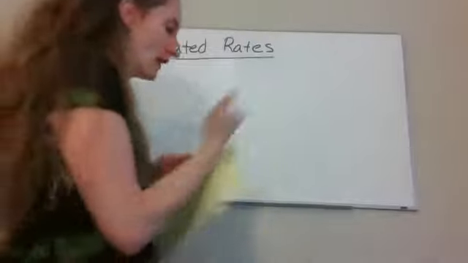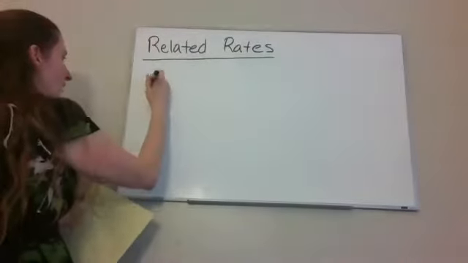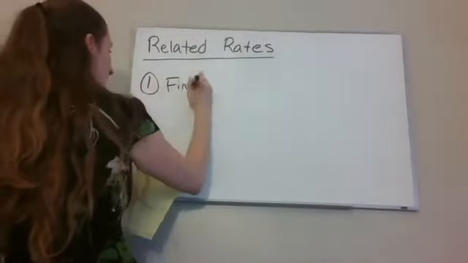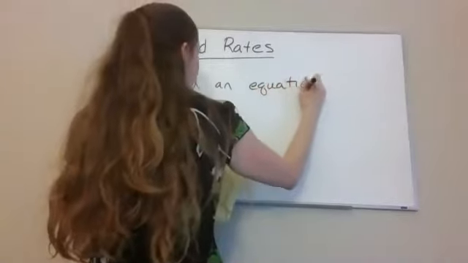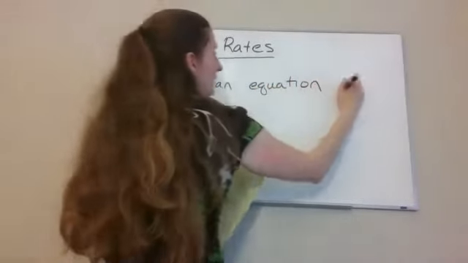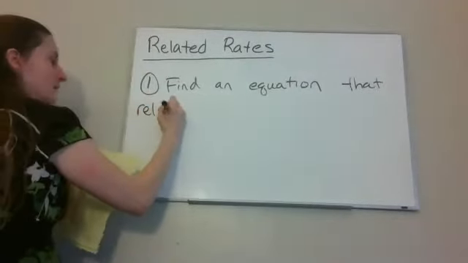So related rates problems. The first thing you're going to have to do on these problems is find an equation that relates the two quantities in your problem. Or sometimes more than two quantities.